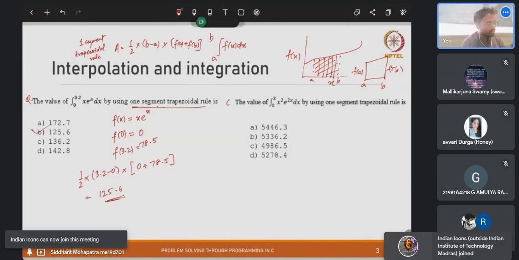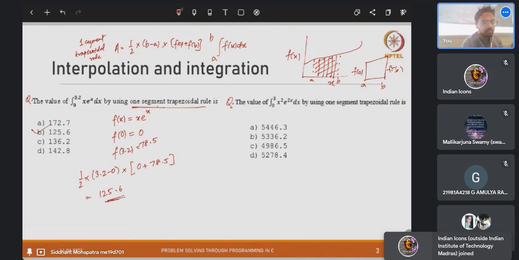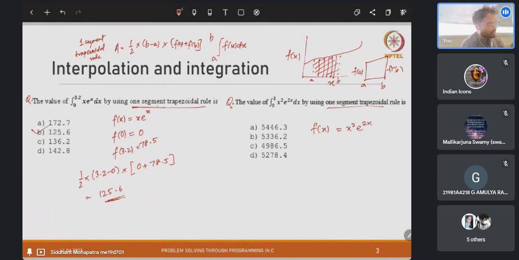Now we can have a look at the next question, which is again a single segment trapezoidal rule using another function, which is x square into e to the power 2x. Now as usual, we will calculate the values at the limits first.